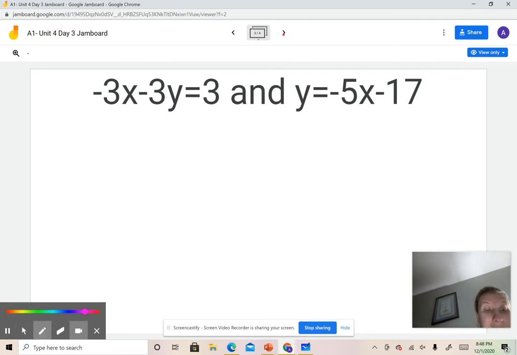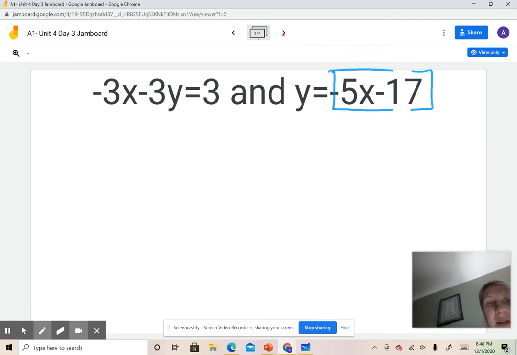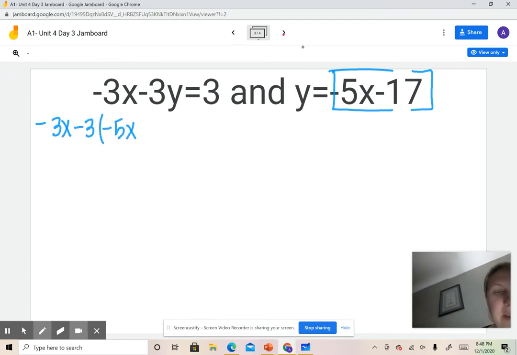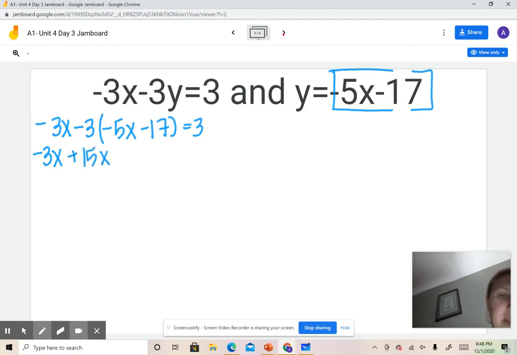Okay. Again, do you have an equation with a variable by itself? You do. It happens to be the second one, but it doesn't matter. It still goes in. So negative 3x minus 3 times the quantity 5x minus 17 equals 3. Distribute first. So negative 3x plus 15x plus 51 equals 3.